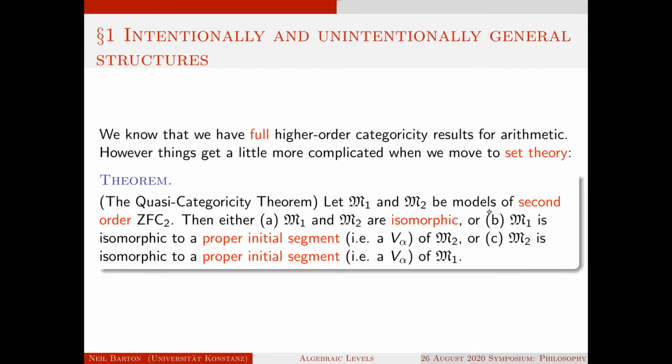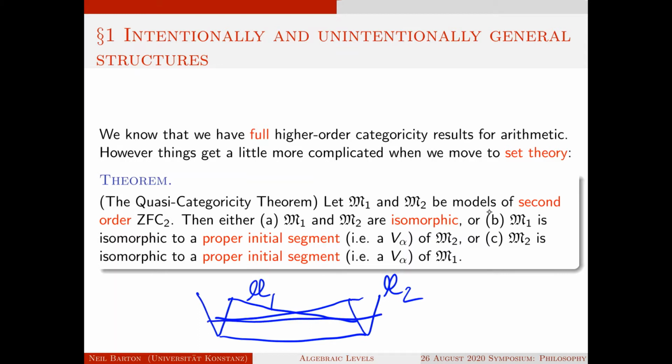Okay, so in lots of areas of mathematics, we have full categoricity results. Examples here include arithmetic and the reals, but for set theory, things are a little more complicated. Here we only have quasi-categoricity. This means that if we have two models, M1 and M2, either they're isomorphic to one another, or M1 is isomorphic to a proper initial segment of M2, or M2 is isomorphic to a proper initial segment of M1.